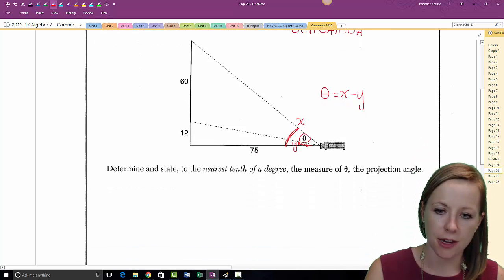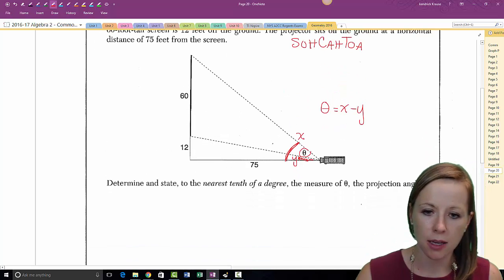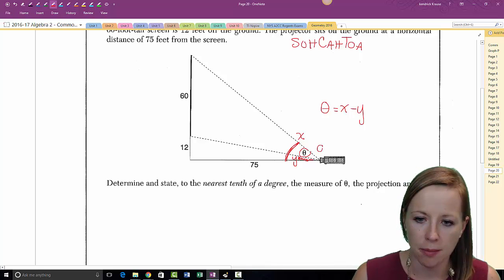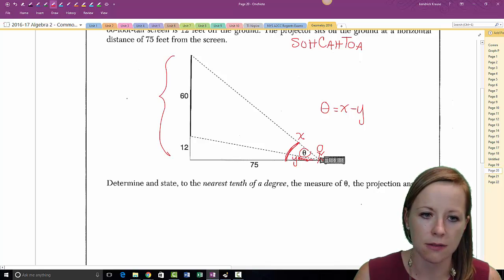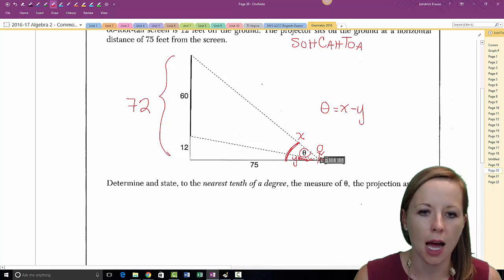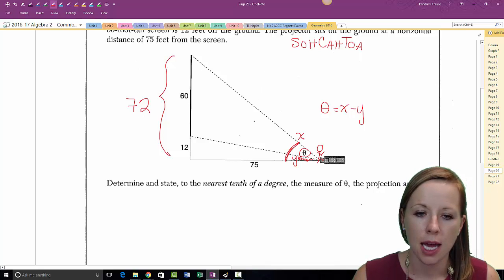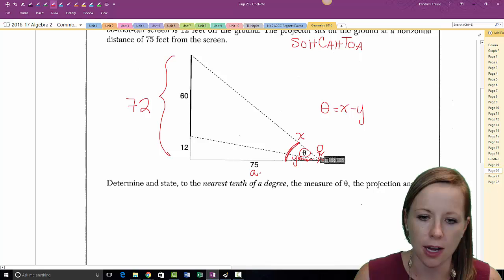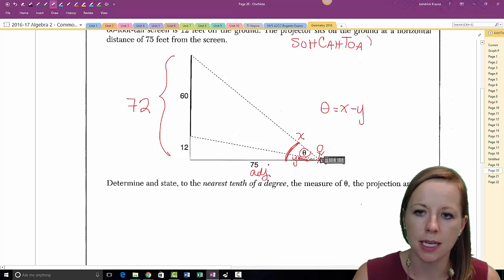So first thing I've got to figure out is which trig function I'm using. So I'm going to start by looking at the big triangle. So the big triangle has an opposite side of 72, right? So the opposite side is 72. And I want to find, oh, and I have the adjacent side, right? I want to find the angle. So as soon as I see opposite and adjacent, I think tangent.